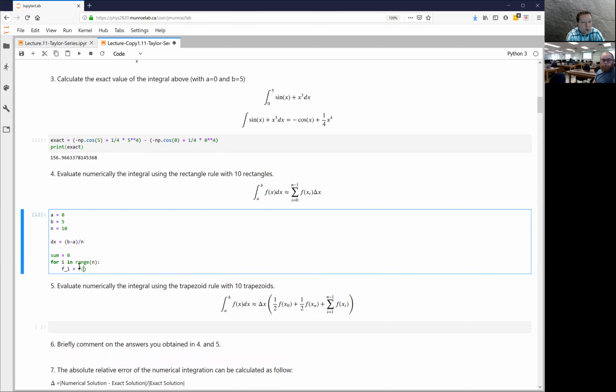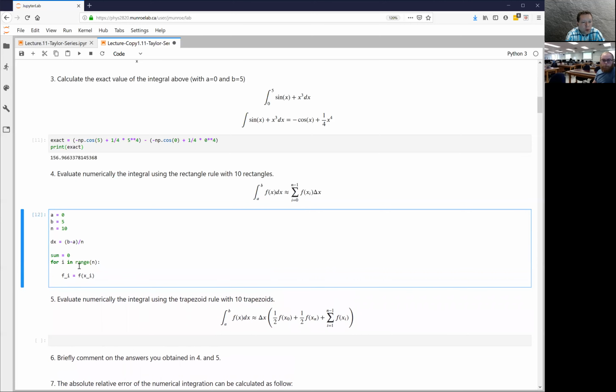To compute the sum, we need to evaluate the function at this particular point, where that particular point is equal to that. So this is taken straight from the definition of the algorithm. The idea is x is all of the values. xi is a particular value between a and b.